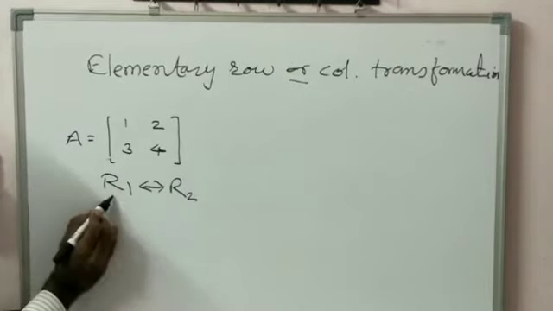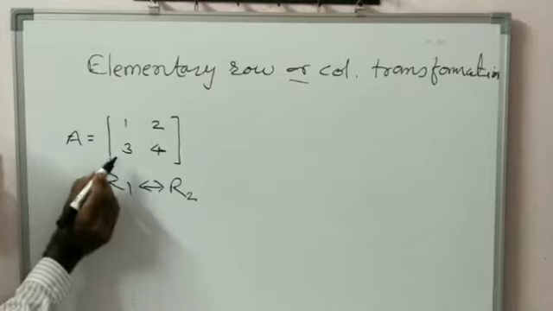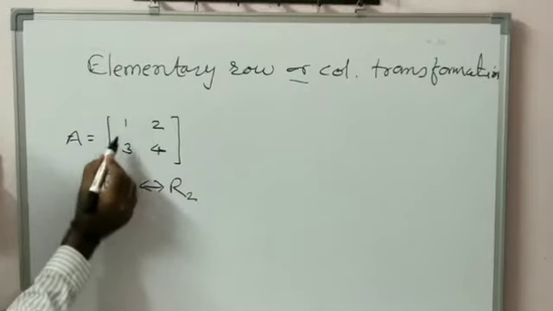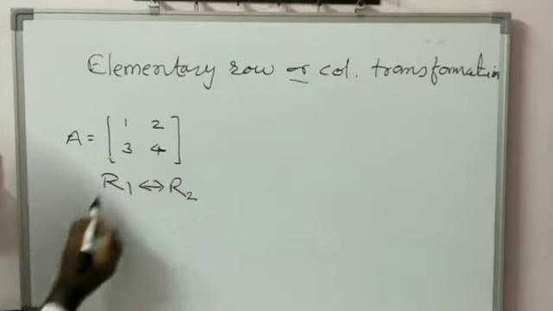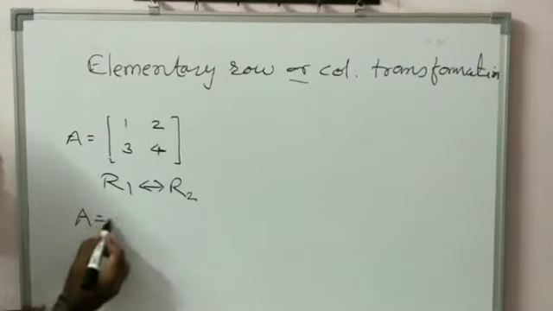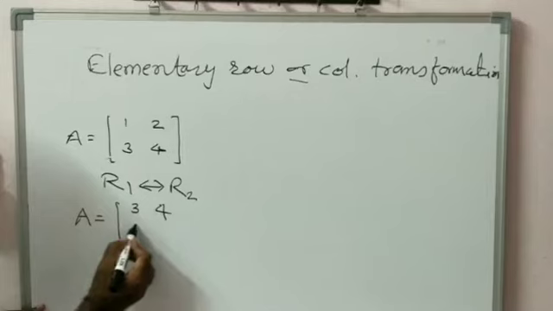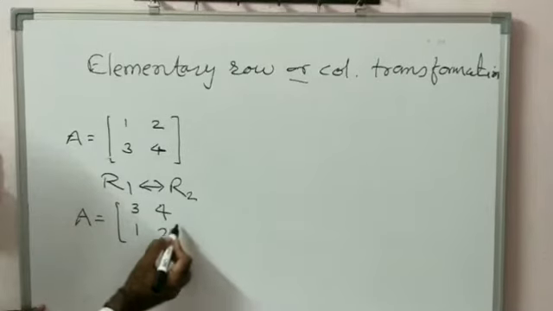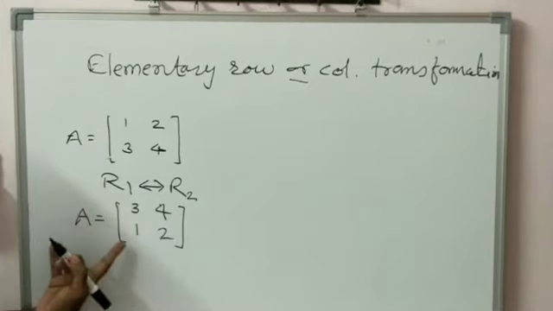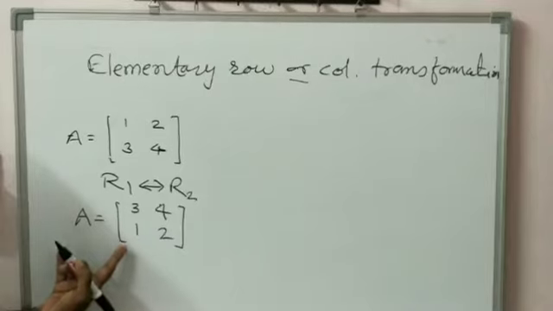What is the meaning of R1 interchanges R2? It means interchange this R1 and R2. Therefore, this matrix becomes 3, 4, 1, 2. This is R1 interchanges R2.